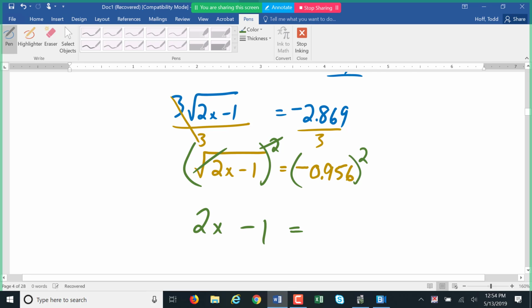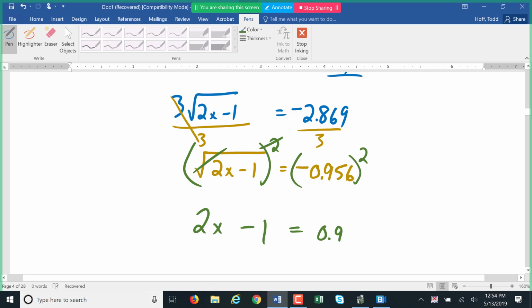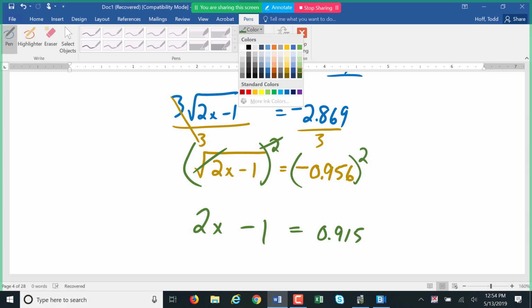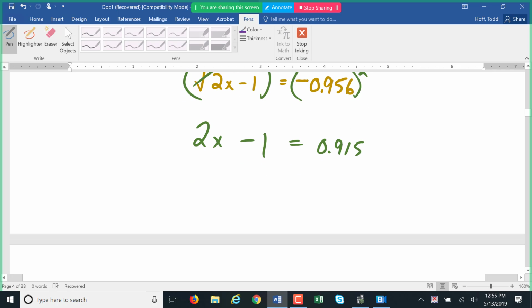So the squared and the square root cancel out. 2x minus 1 equals, if I square that answer, I get 0.915 basically. Then what? Plus 1.